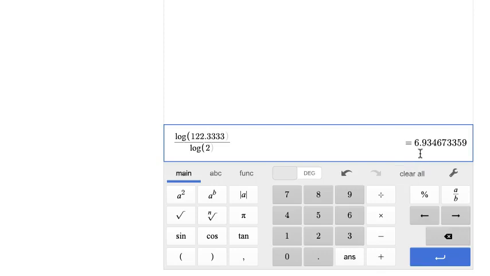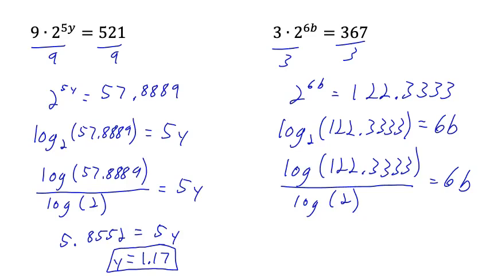And using lots of decimal places, I have 6.9347. And we'll just divide both sides by 6. And when we do that, we get 1.16.